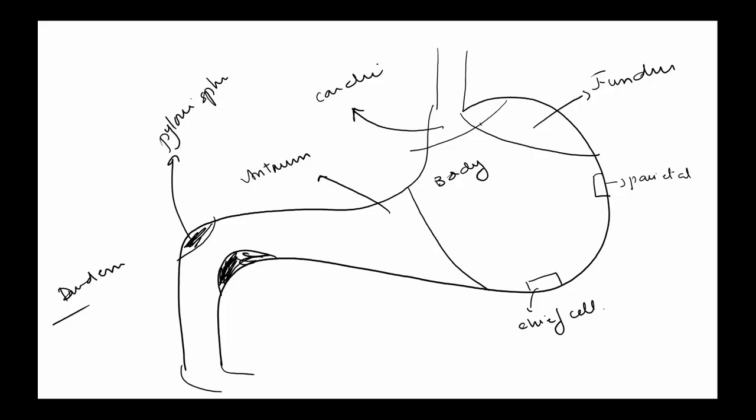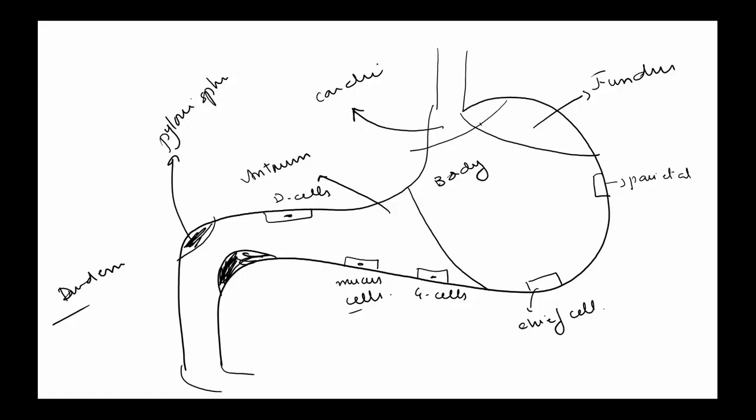And then in the antrum, there are again different types of cells. Number one, there are G cells. Second, mucosal cells or mucous cells. There are D cells.